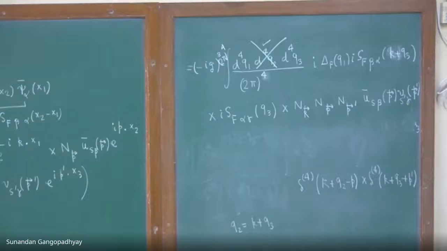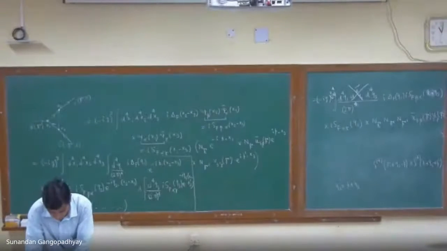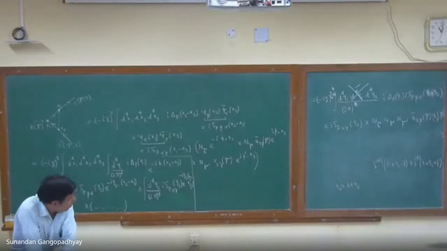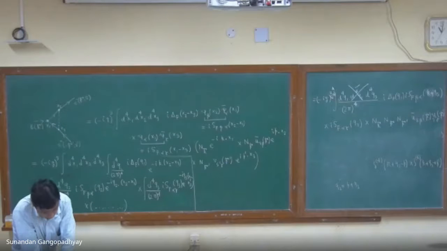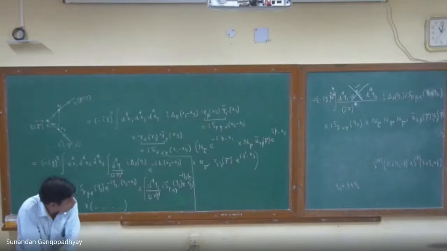Can you show us the other board? Yes, I'll show you the full board now. You can see the full board. P prime is what? P prime is K. This one is P prime Q3 plus Q1. Where did I get that?